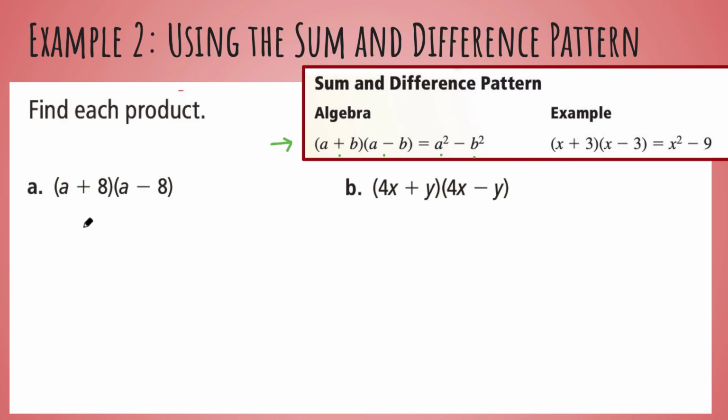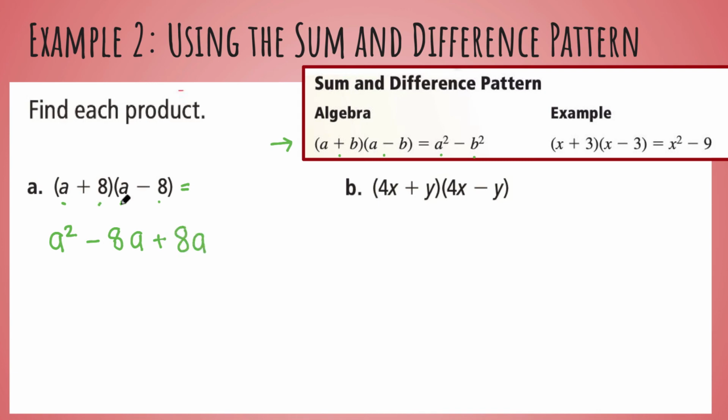So let's look at an example here. Without using the pattern, let's just FOIL what the product of these two binomials will be. So if we multiply our first terms together, we get a squared. If we multiply our outside, we get a negative 8a. If we multiply the inner terms together, we get a positive 8a.